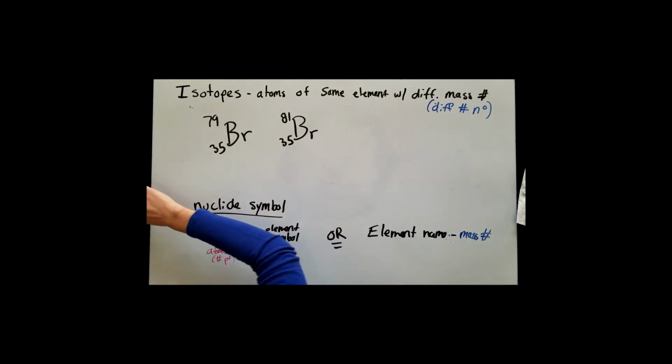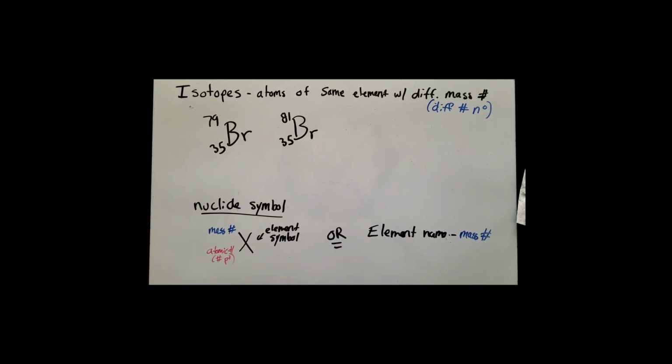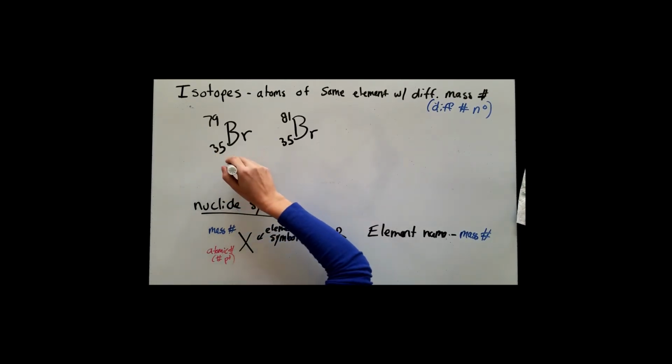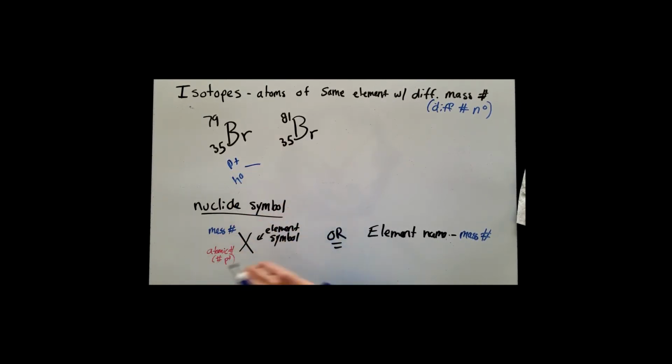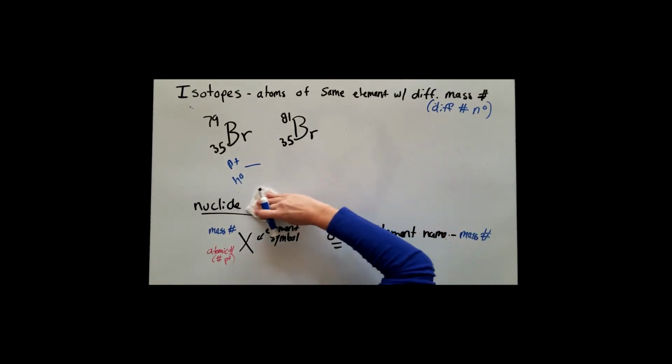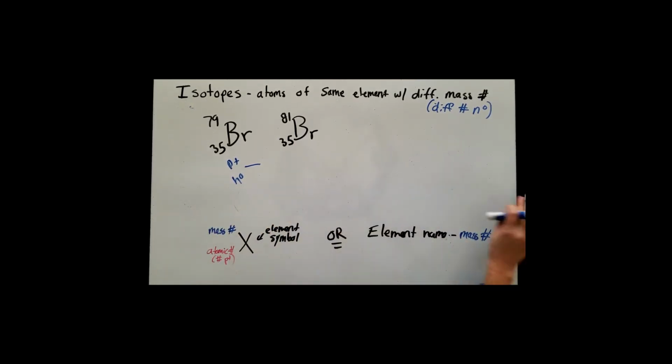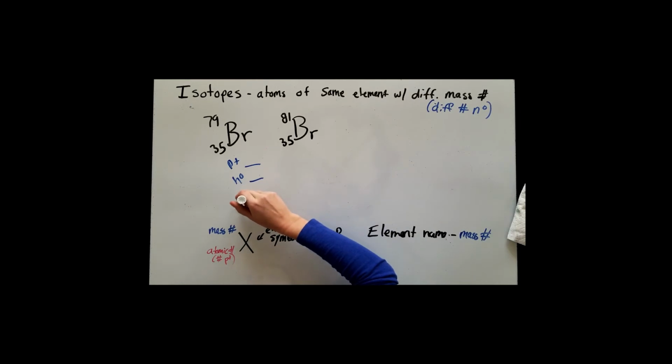All right, so what would we do given these nuclide symbols? One question that might be asked of you is to calculate the number of protons, neutrons, and electrons. So given that nuclide symbol, you should be able to figure out all three subatomic particles.